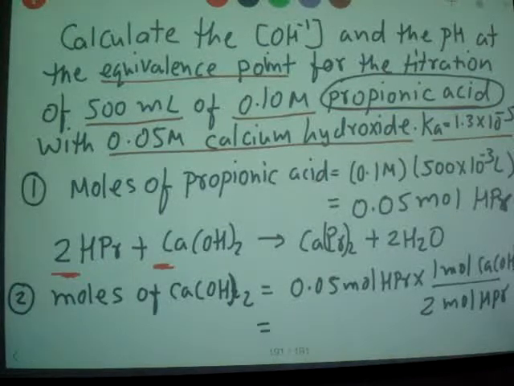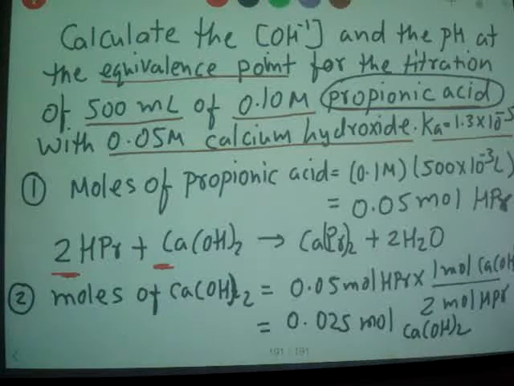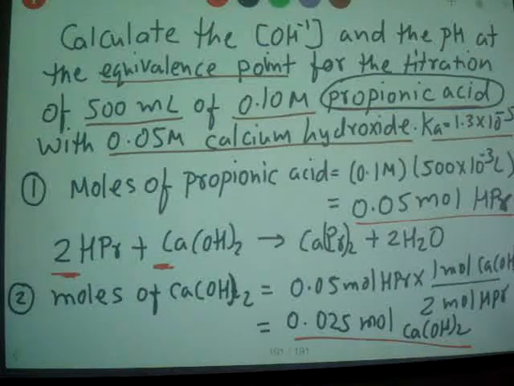So using this stoichiometric coefficient we can find 0.025 mole of calcium hydroxide, Ca(OH)2. So that's the first step, and the second step we found moles of HPr and moles of Ca(OH)2.